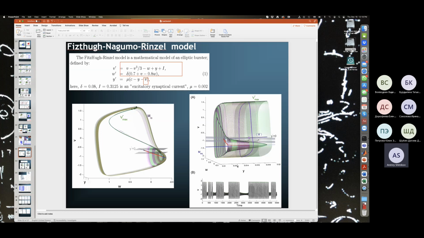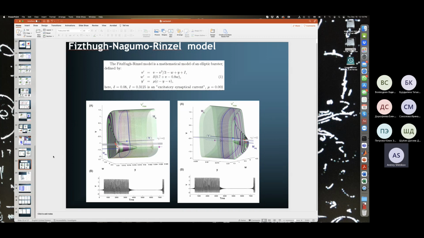And as you can see, in some setups, this model will generate elliptic bursting activity, but it can be regular or it can be chaotic. And yeah, one more time illustration, if you make the mu parameter smaller, in this case the slow nullcline, this plane is given by this constant c, you shift it up and down like this.